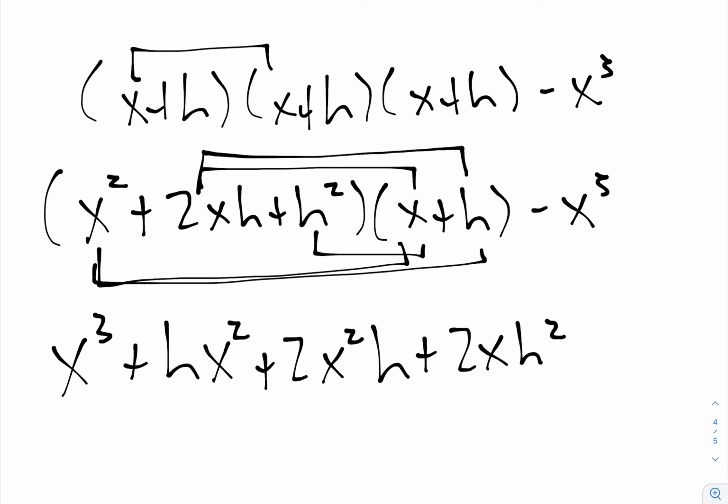And we're going to get h squared times x, so plus h squared x. And we're going to get plus h squared times h. I didn't fit this in properly, but we're going to roll with it. So plus xh squared plus h cubed.